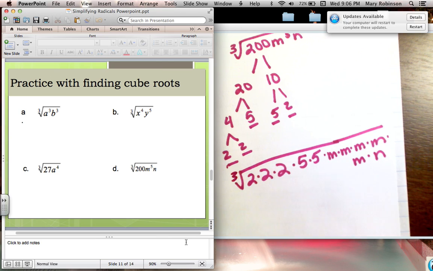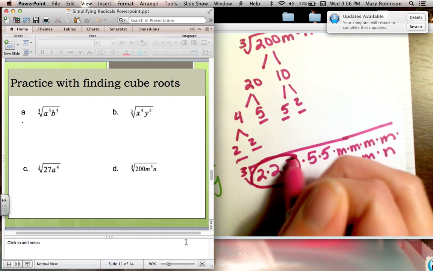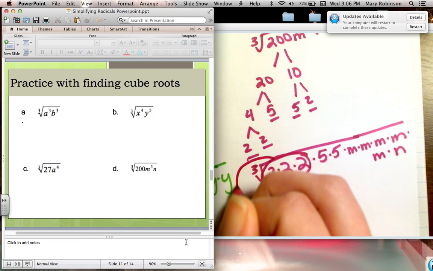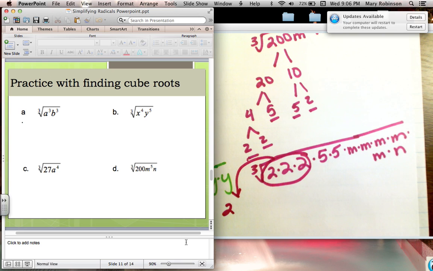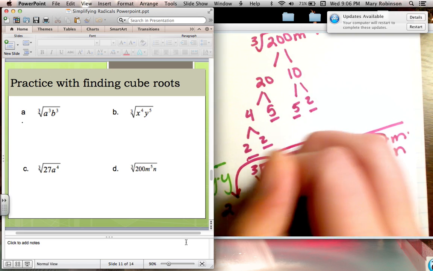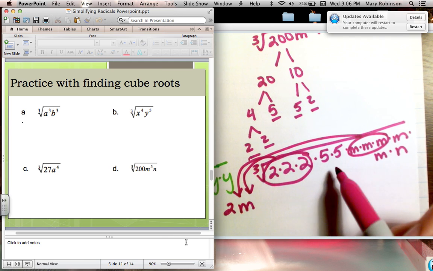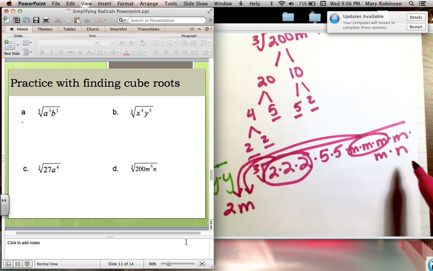We have the cube root, so it's going to take 3 in order to get out. So you have 3 2's, and come out as 2. You have 3 m's, can come out as m. And I don't have 3 of anything else. I only have 2 5's, 2 m's, and 1 n.